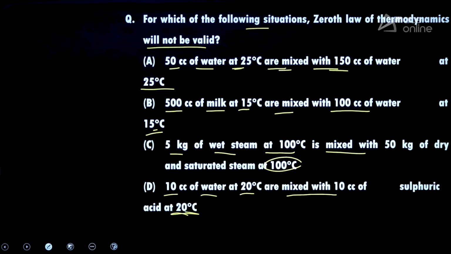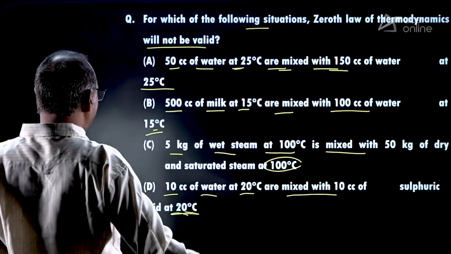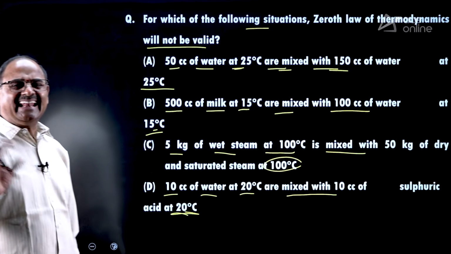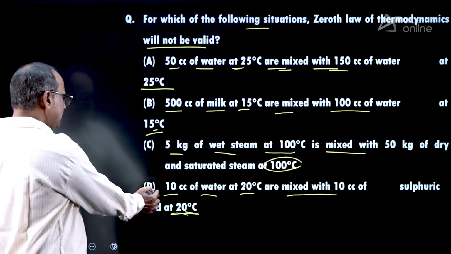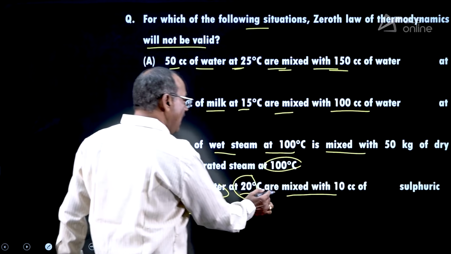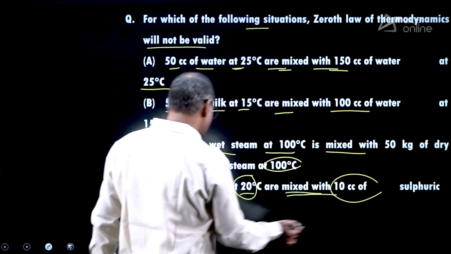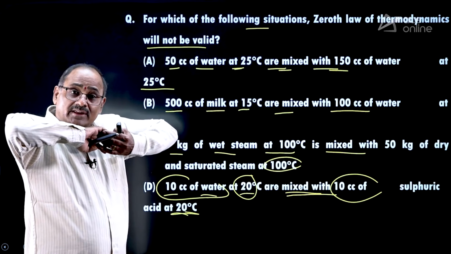Can you answer? What is the zeroth law of thermodynamics? The zeroth law of thermodynamics states that if two bodies are separately in thermal equilibrium with a third body, then those two bodies are in thermal equilibrium with each other. Look at option D. 10 cubic centimeters of water at 20 degrees centigrade is mixed with 10 cc of sulfuric acid. There is a chemical reaction between the water and the sulfuric acid.